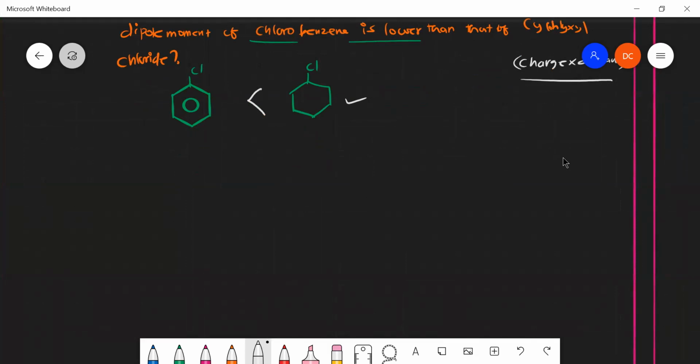Good. Okay, I ask you a question. What about the hybridization of these two carbons? I can make it in another color. This is in pink color and this is in orange color. So in chlorobenzene, what is the hybridization of that carbon?